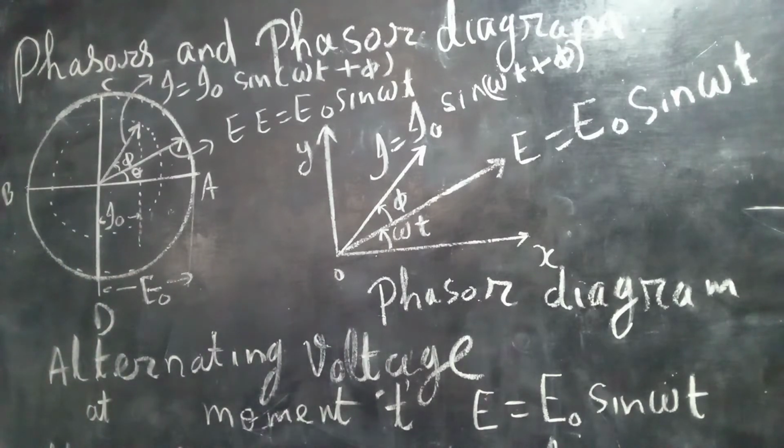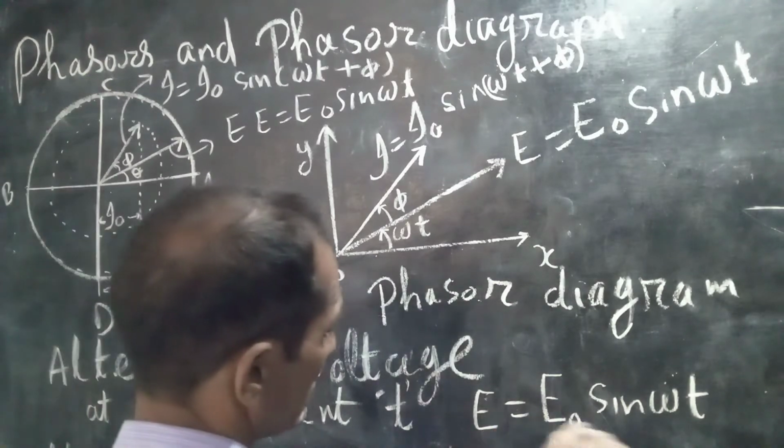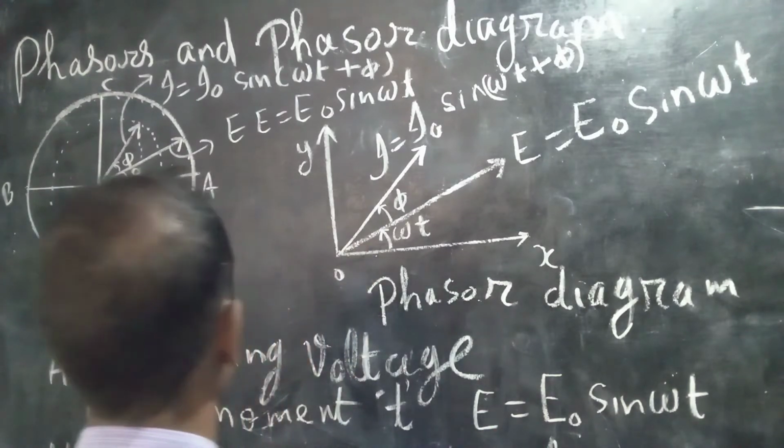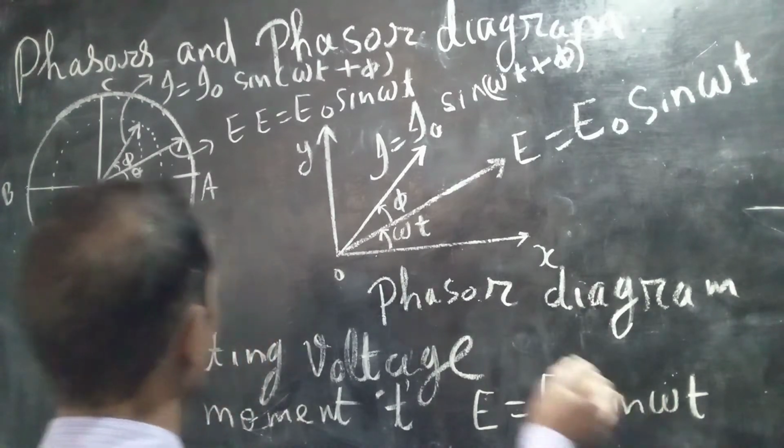Any function which changes periodically and can be represented as the projection of a rotating vector is known as a phasor. Alternating voltage and alternating current change periodically.